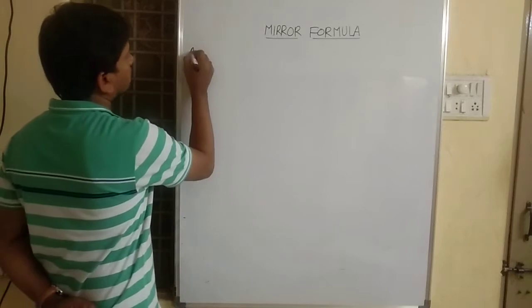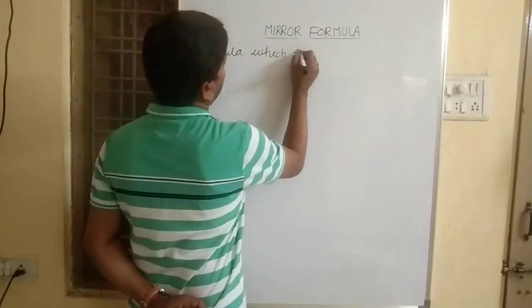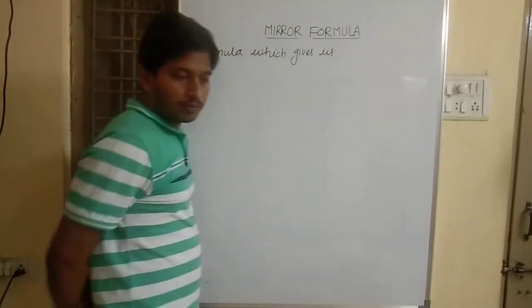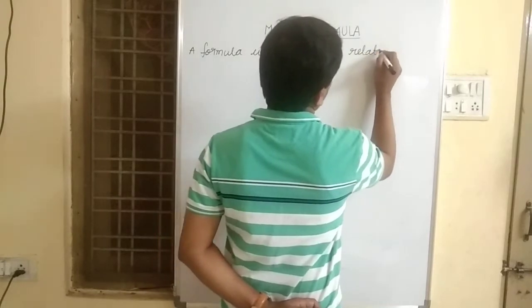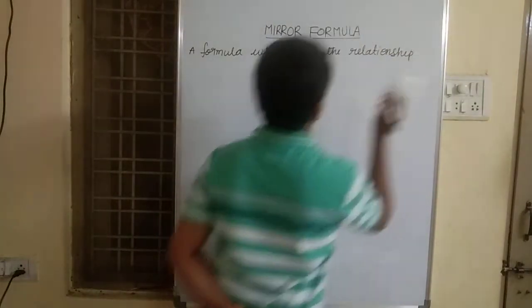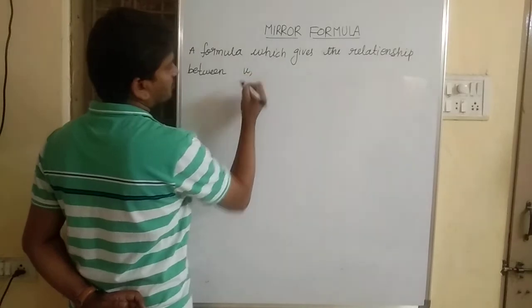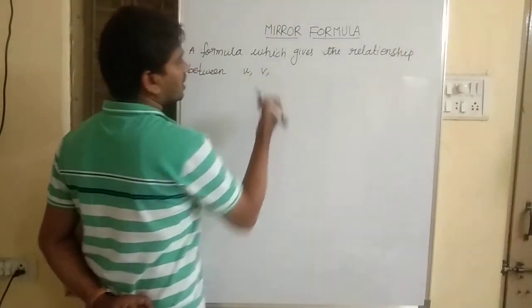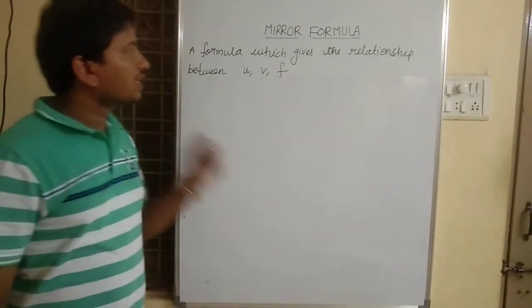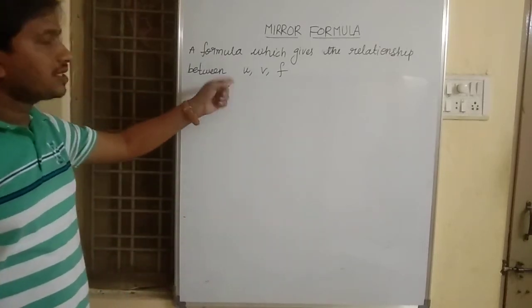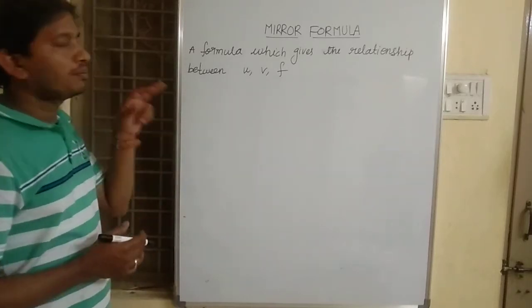A formula which gives us the relationship between object distance, image distance and focal length is known as the mirror formula.